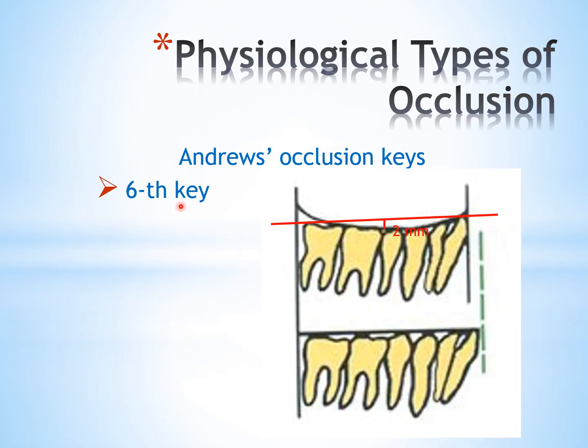And the sixth key of occlusion by Andrews, the curve of Spee. You know that the normal depth of this curve is not more than 2 millimeters.